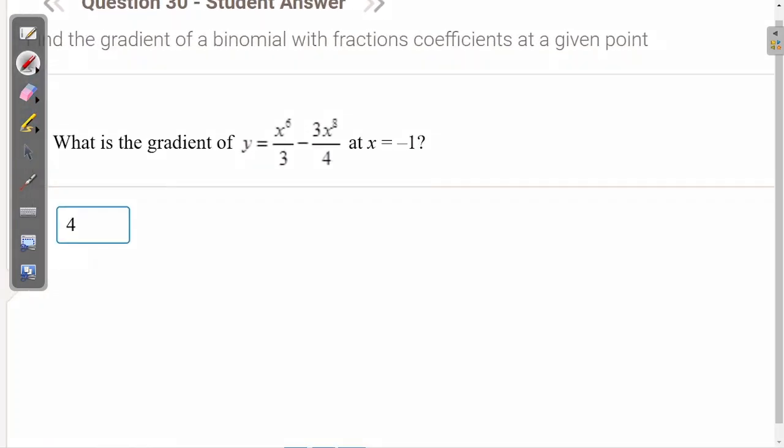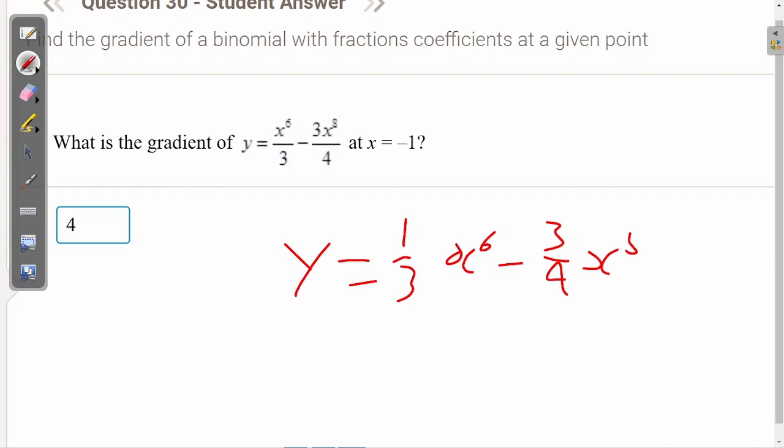Okay, first I'll rewrite this because it looks confusing a bit. 1 over 3 next to the x to the power 6, minus, actually 3 over 4 x to the power of 8. Okay, now I will derive it.